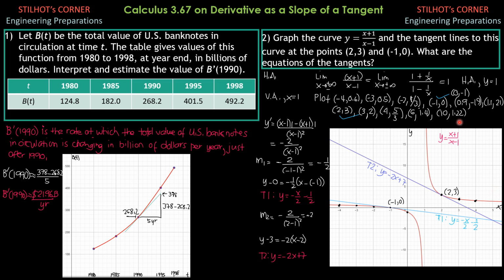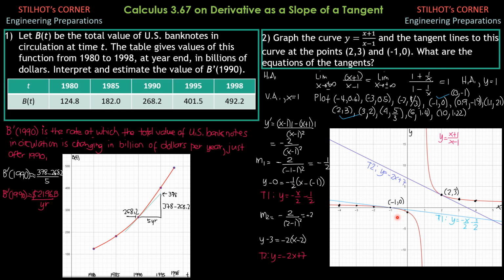When x is 10, 1.222. Then when x approaches infinity, y approaches 1, but it is higher than 1. So that's why the curve looks like this. So connecting these points with a smooth curve will reveal this graph. So this is the graph of y equals (x plus 1) over (x minus 1).